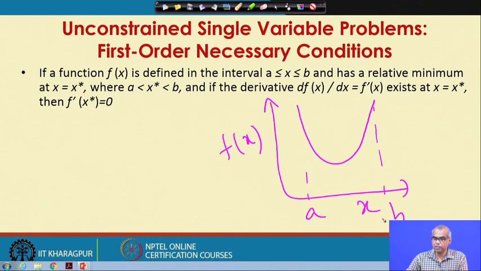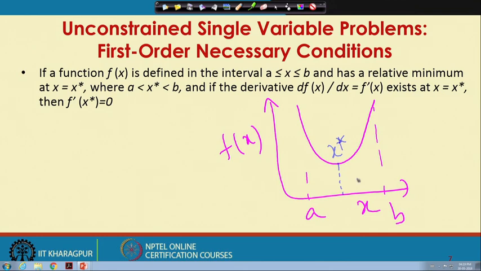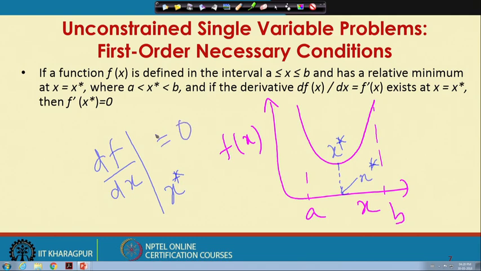So, the function is defined in the interval a to b, and if at x equal to x star, so this is x star, there exists a relative minimum, then if df/dx exists, the df/dx at x star will be equal to 0.